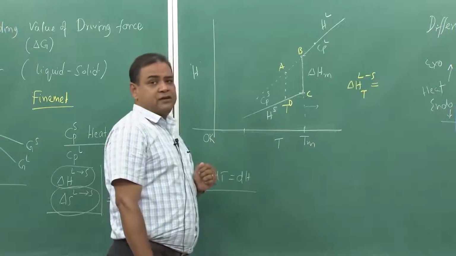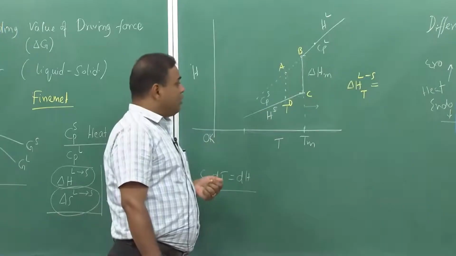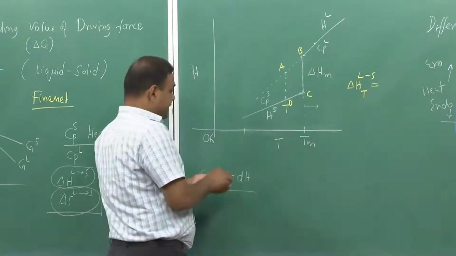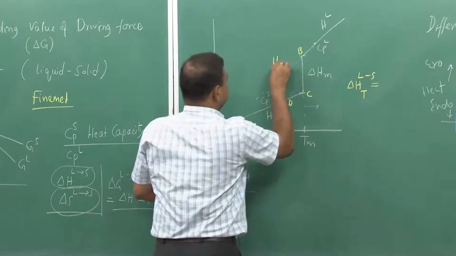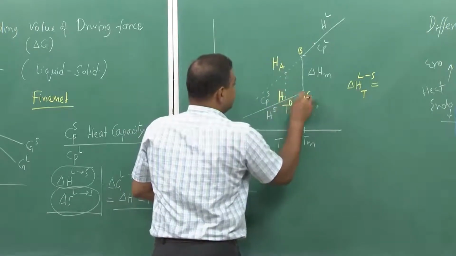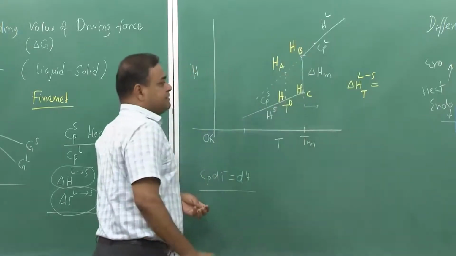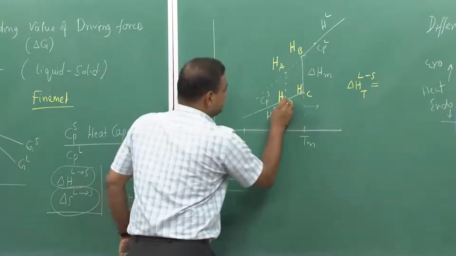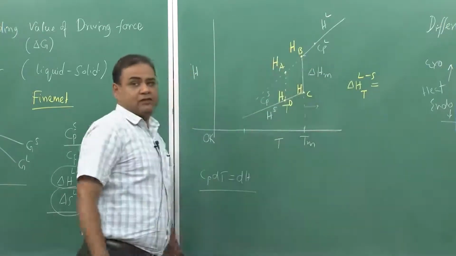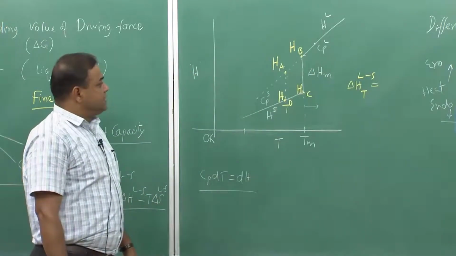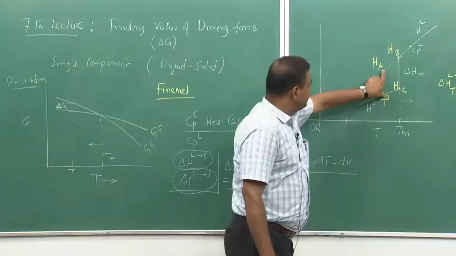Now, then this value I have to calculate. I can simply calculate by the difference of Cp of liquid and solid, and then get the value here. But since it is a state function, we can also calculate using this particular value into consideration. How can we do it? If I give a notation, this is HA, this is HD, this is HC, this is HB, let us say.